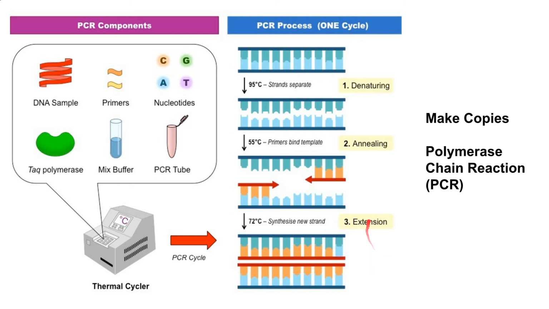And then you can do this chain reaction over and over and get tons and tons of copies of DNA. So even if you have a small sample, you can ultimately get a lot of DNA copies. So anytime you hear PCR or polymerase chain reaction, that's what they're talking about.